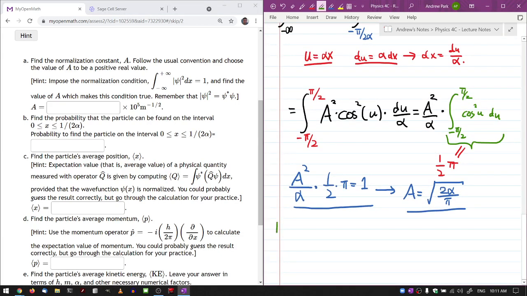It's the exact same calculation as part A, except instead of your integral going over all space, it's explicitly going from 0 to 1 half alpha, and the integrand is the same: a squared cosine squared of alpha x dx.